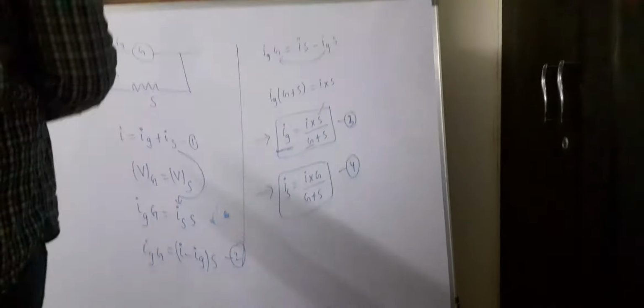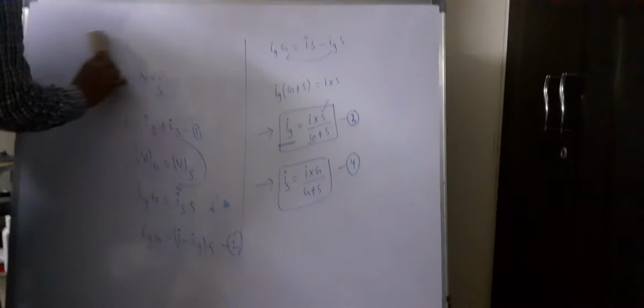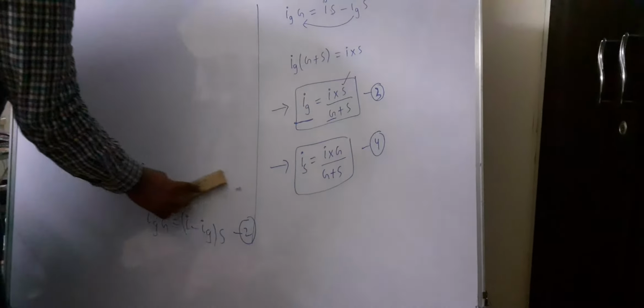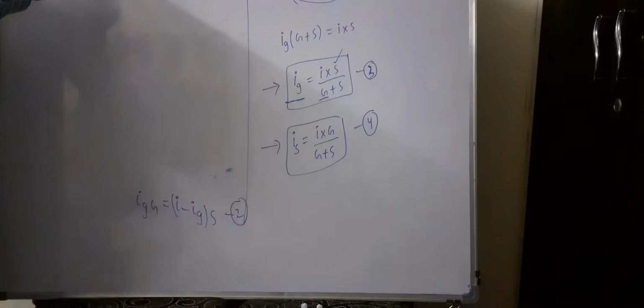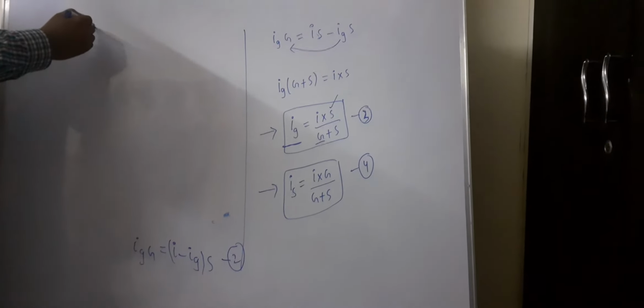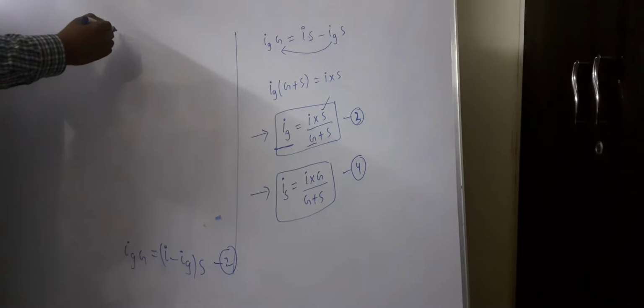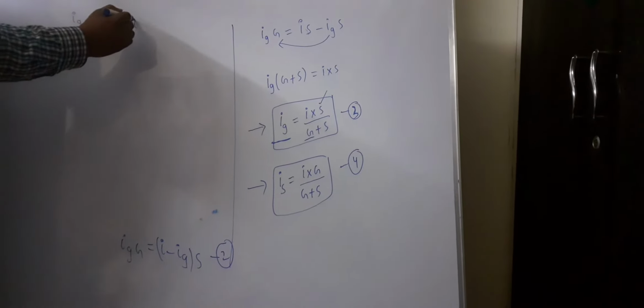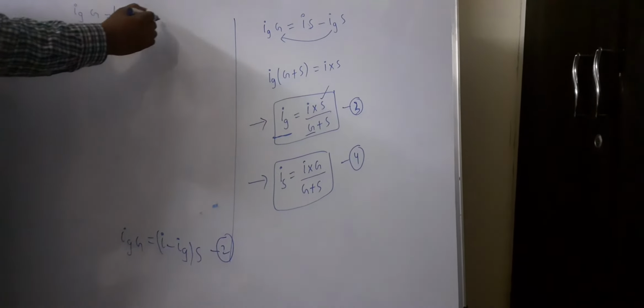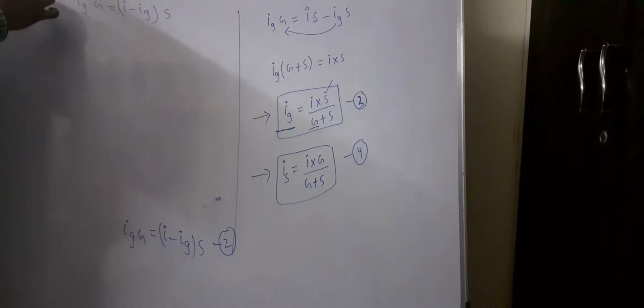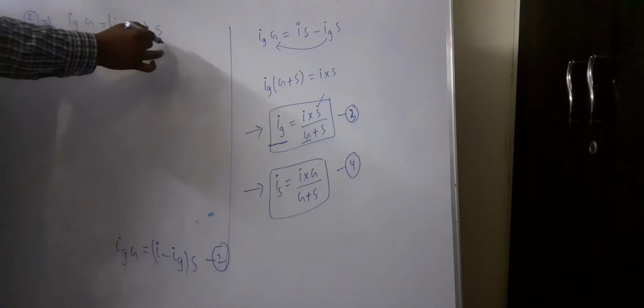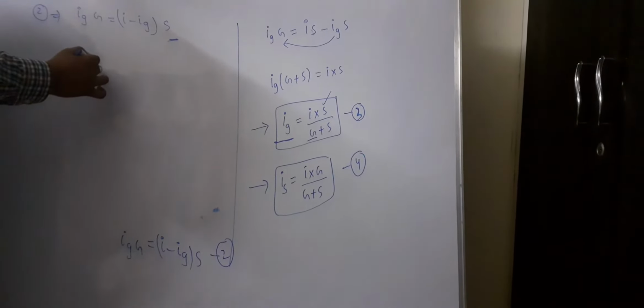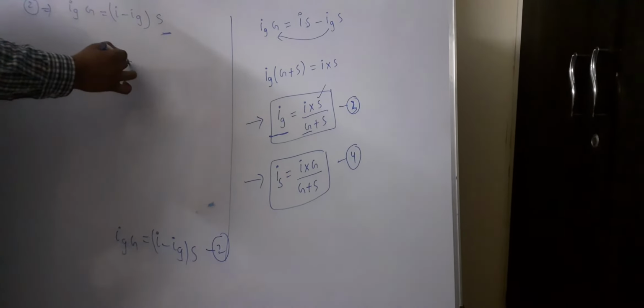Next, I discuss the last formula I derived. What is equation 1? Look here. Iz into G equals (I minus Iz) into S, according to equation 2. In this situation, what is the formula for S?